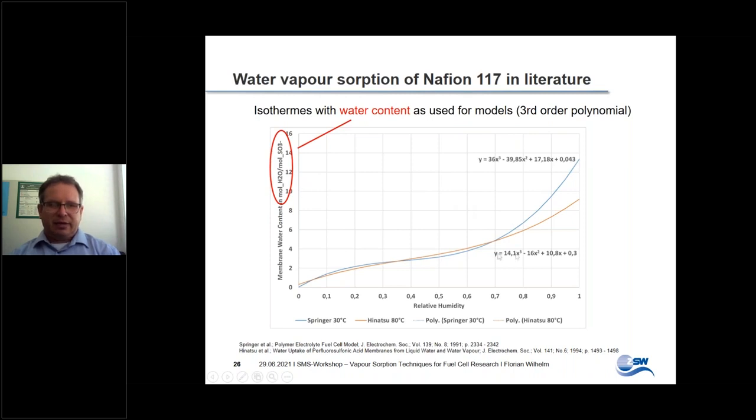And then the typical fits, third order polynomial, are shown here. What is the result, the parameters found by the two groups. So these values you can most often find in even today's PEMFC models, at least if you take the standard values offered to you, so to say, the generic model.